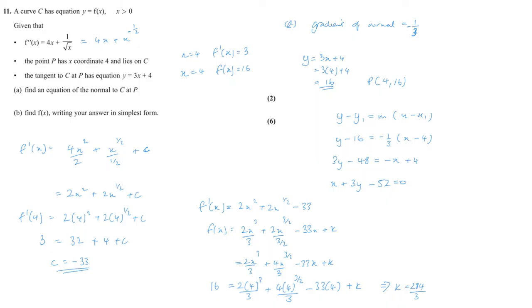So my final answer, I'll write it in black here so you can see it: 2x cubed over 3 plus 4x to the 3 over 2 over 3 minus 33x plus 284 over 3. And that finishes that paper.